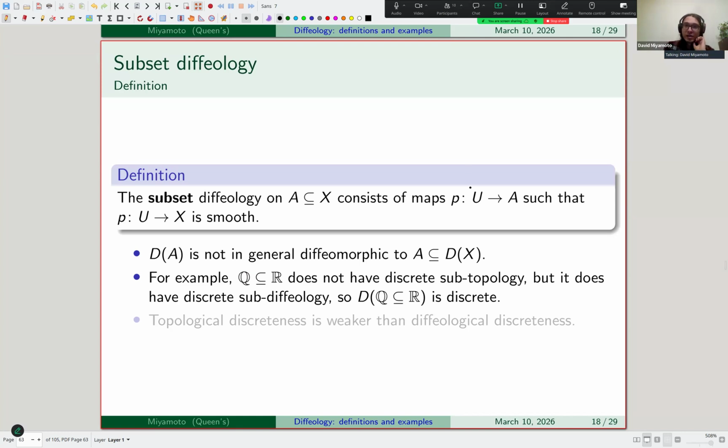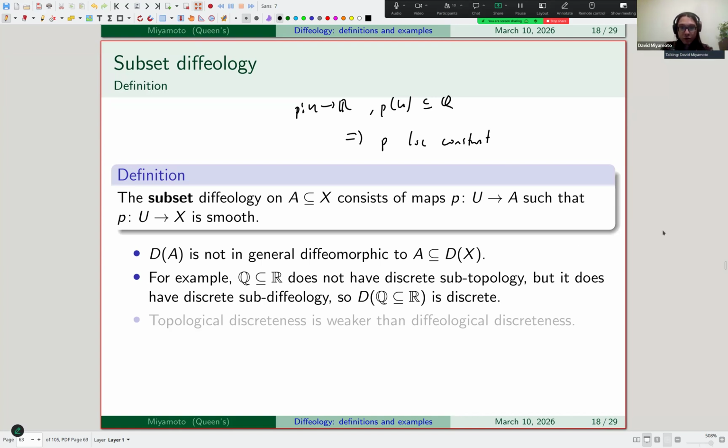The only way I can have a smooth map into R with image inside Q is if it is locally constant. As soon as it's not constant, I'll get irrational numbers in the image. So the subdiffeology, those smooth maps into Q which are smooth maps into R, is discrete. So the D topology is discrete of the diffeological structure.